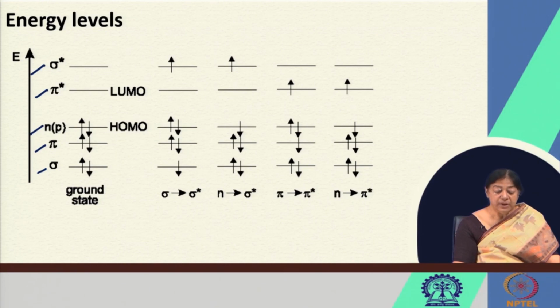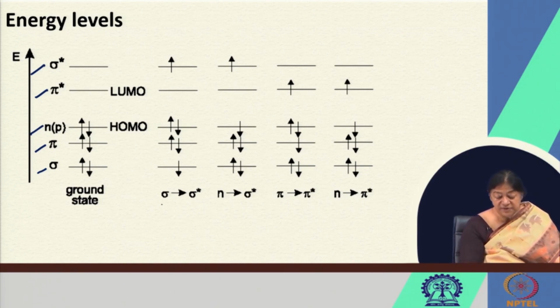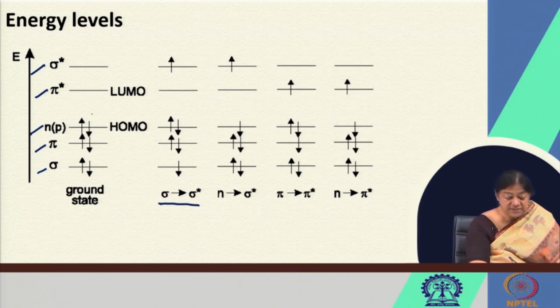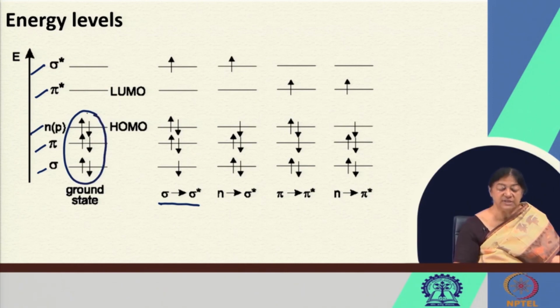Now, based on a transition, what do we have in the first transition here? Sigma to sigma star. That means that if this is our ground state where we have all our electrons sitting in the sigma, pi and non-bonding, what is going to happen when we have a sigma to sigma star transition? It means that the energy level is, this is our energy jump.